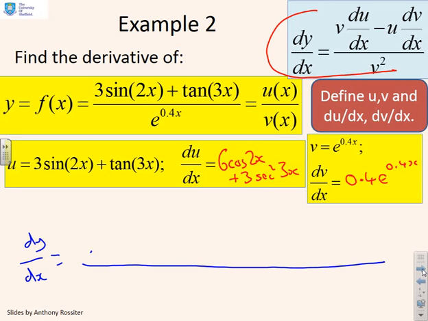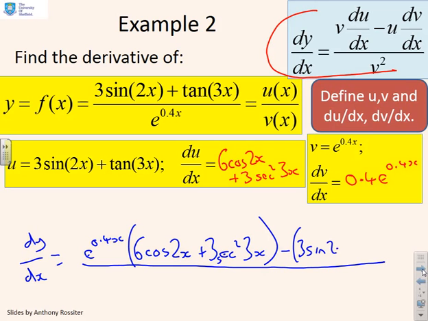We start with v, which is e to the 0.4x, multiplied by du dx, so I get 6 cos 2x plus 3 sec squared 3x, I missed an s in there, and then you're going to get minus u, which is 3 sine 2x plus tan 3x, times dv dx, which is 0.4 e to the 0.4x, I've run out of space, and then all divided by e to the 0.4x squared.